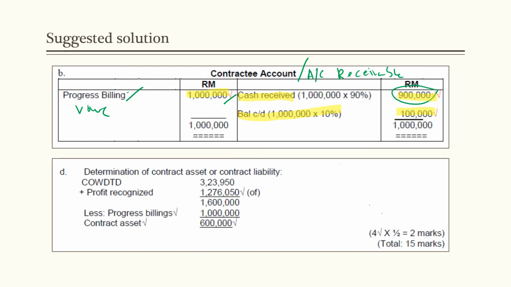Okay, last but not least, we are required to identify whether there is a contract asset or contract liability. The formula to find the contract asset is we need to compare the contract revenue with the amount of progress billing.